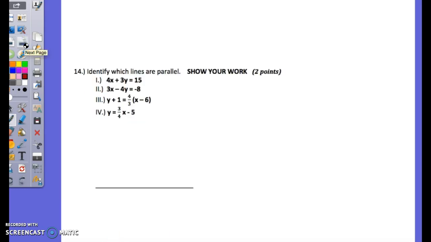Which lines are parallel? You need to show your work. You need to put all of them in slope-intercept form because they all have to have the same slope. So I'm going to do each of them. So for 1, it started out at 4x plus 3y equals 15. Save the best for last. So you first subtract 4x from both sides.